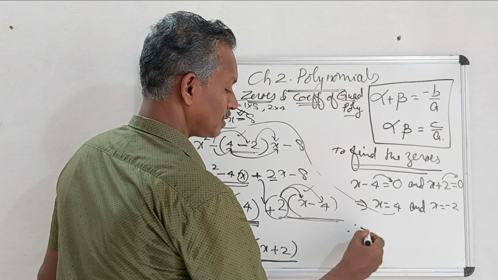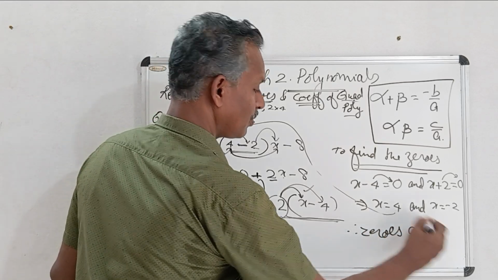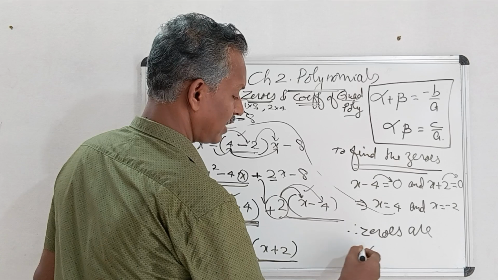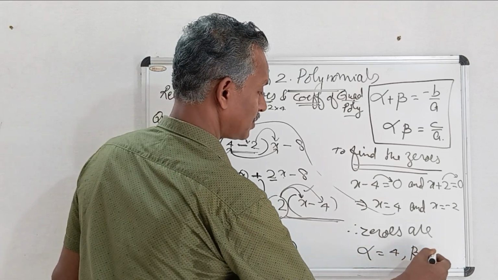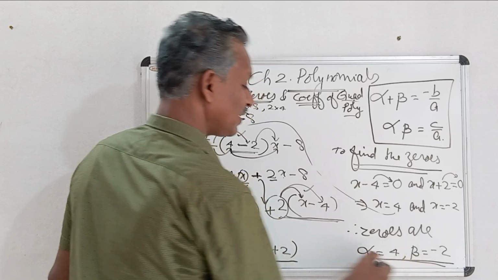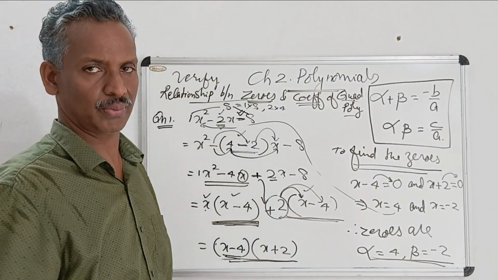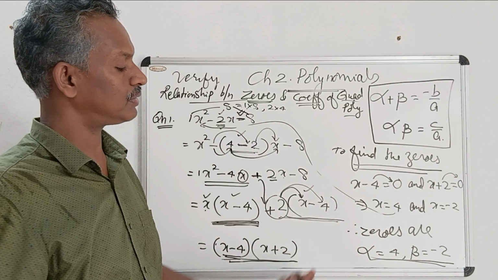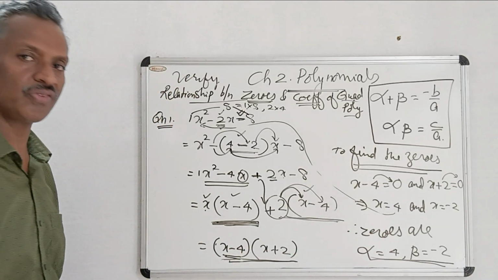Therefore, which are the zeros? Zeros are 4 and minus 2. We can write first zero alpha is 4 and second zero beta is minus 2. This alpha and beta are the values of x which make the polynomial 0. So we get the zeros, alpha is 4 and beta is minus 2.